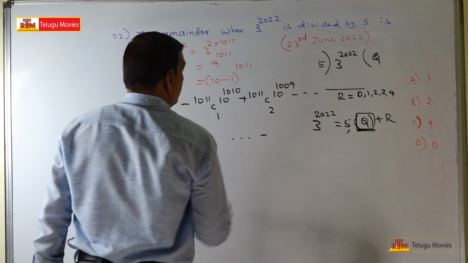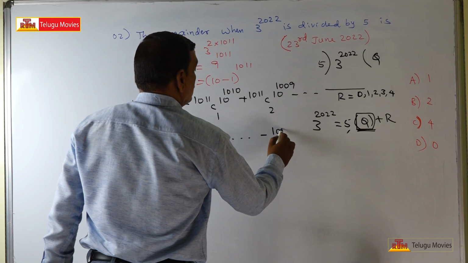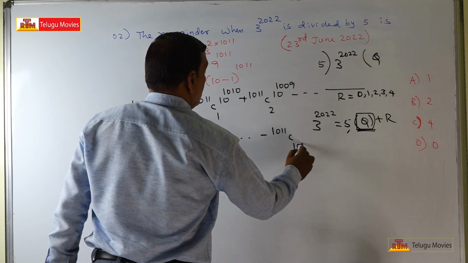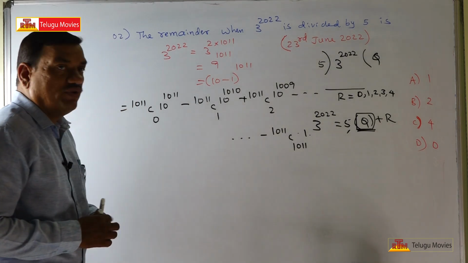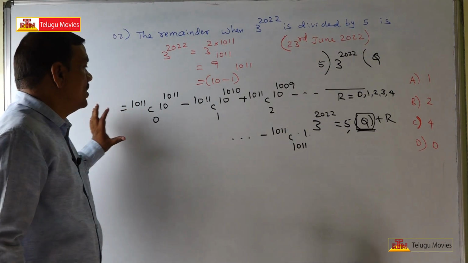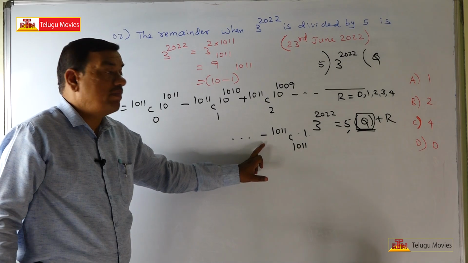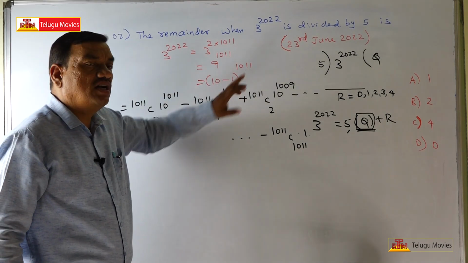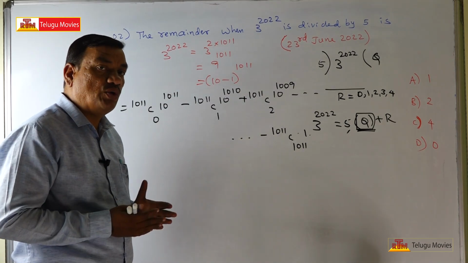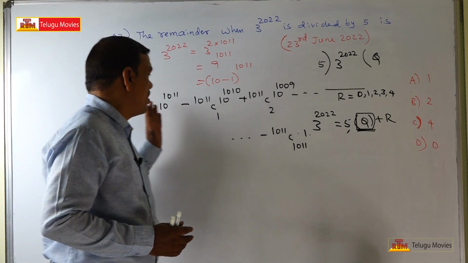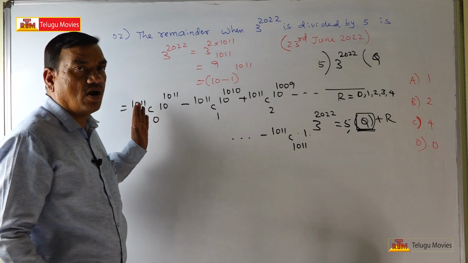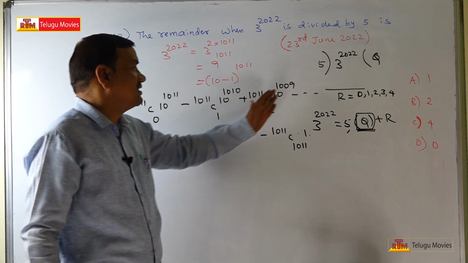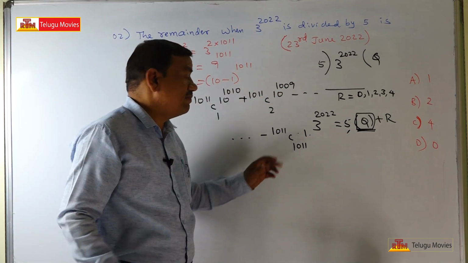The last term is 1011C1011 into 1. The last term will definitely be minus, because 1011 is an odd number, so plus and minus come in an alternate way, and the last term will be minus.